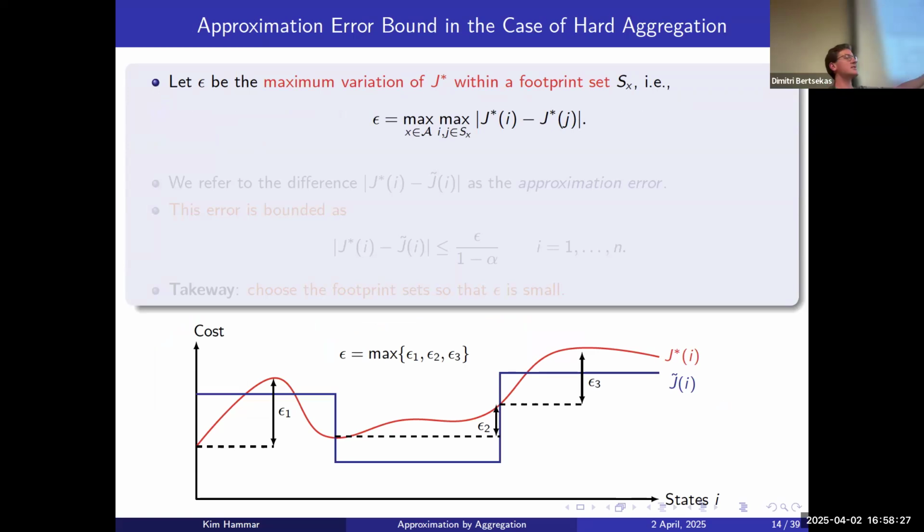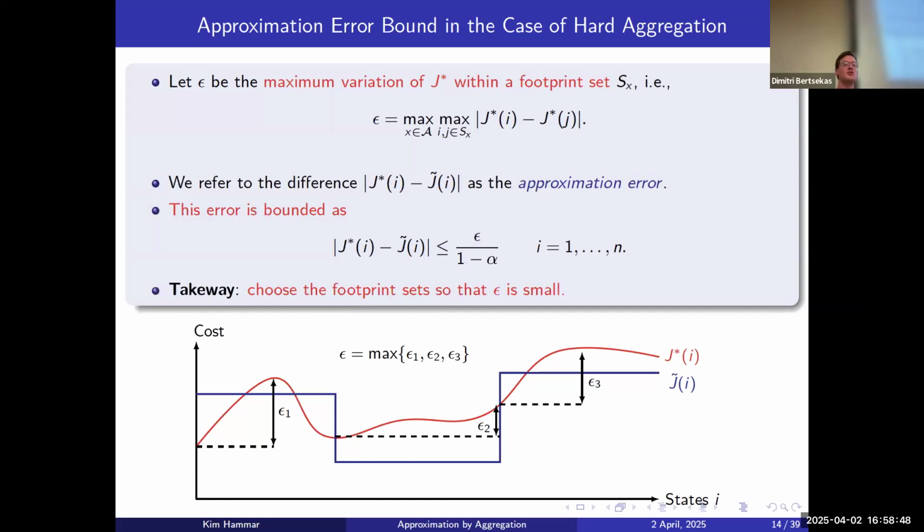So we have 3 footprint sets, and in each footprint set, we have some maximum variation. And then we're going to take the maximum out of all of these 3 footprint sets. And that's going to be this value epsilon. And with this value epsilon, we can now bound the difference between J star and J tilde, which we're going to refer to as the approximation error. And we bound it with the following inequality.